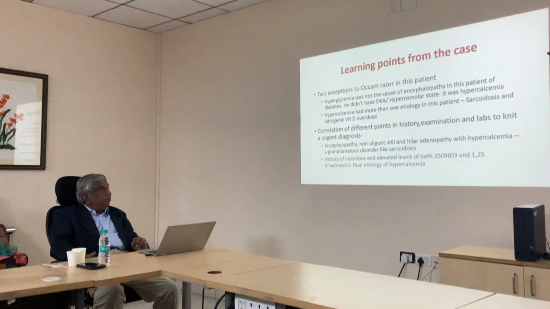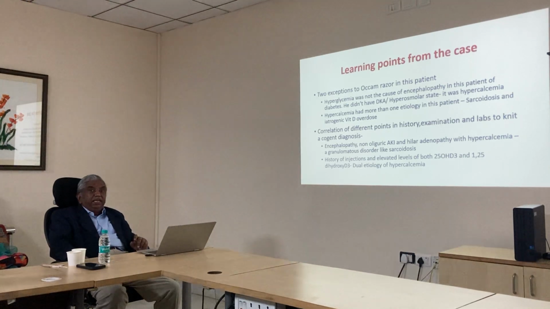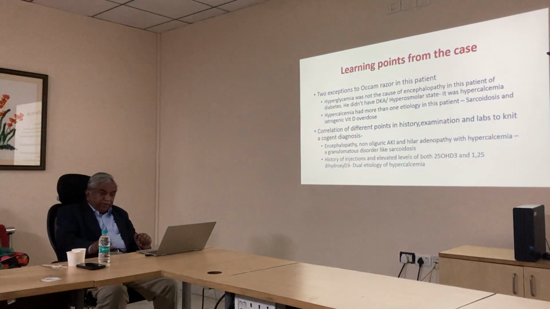So correlation of different points in history, examination, and labs to reach a cogent diagnosis was the key in this patient. Encephalopathy, non-oliguric AKI and lymphadenopathy with hypercalcemia, a granulomatous disorder like sarcoidosis, history of injections, and elevated levels of both 25-hydroxy and 1,25, dual etiology of hypercalcemia.